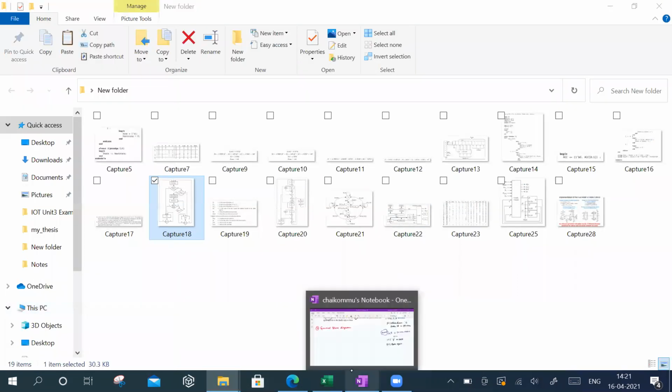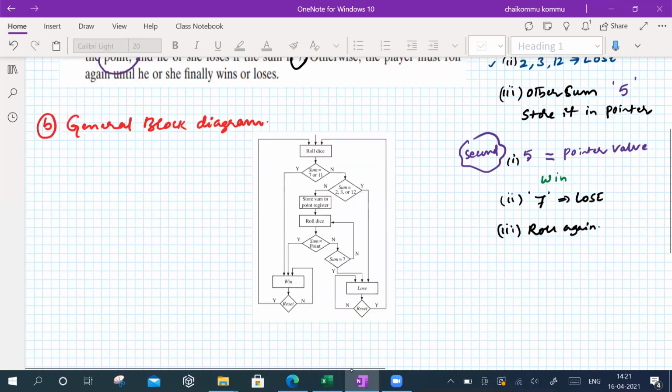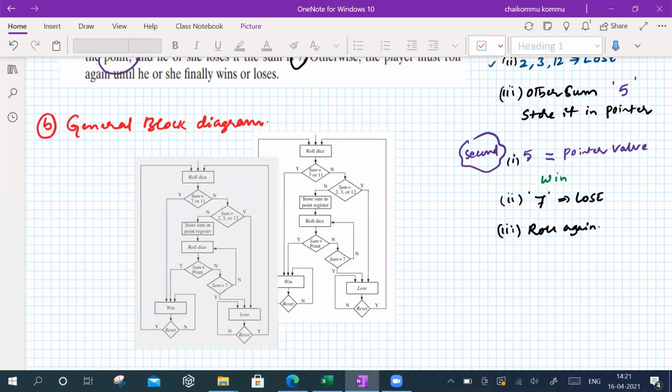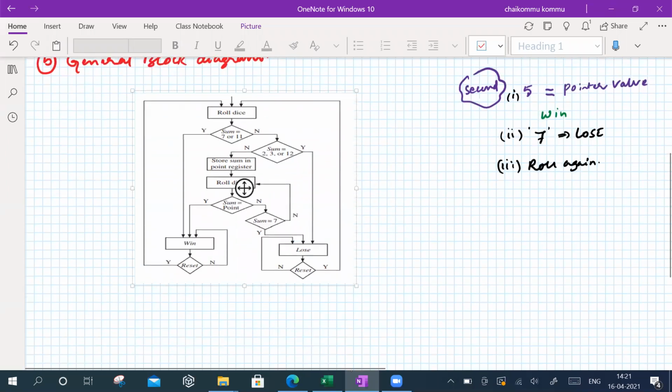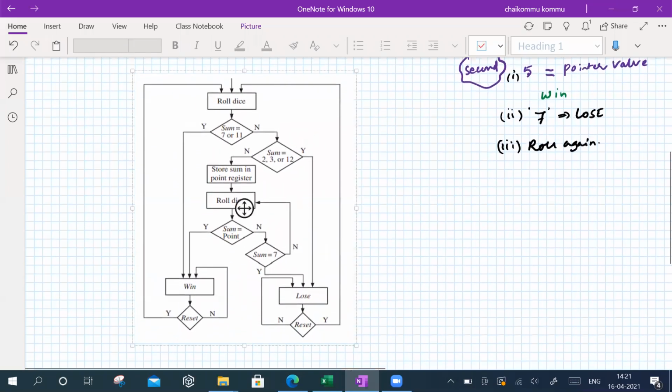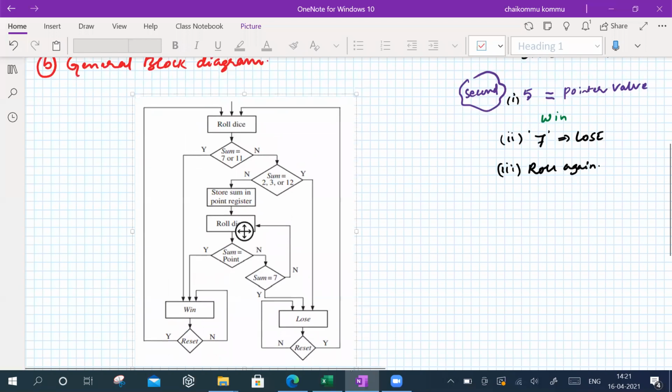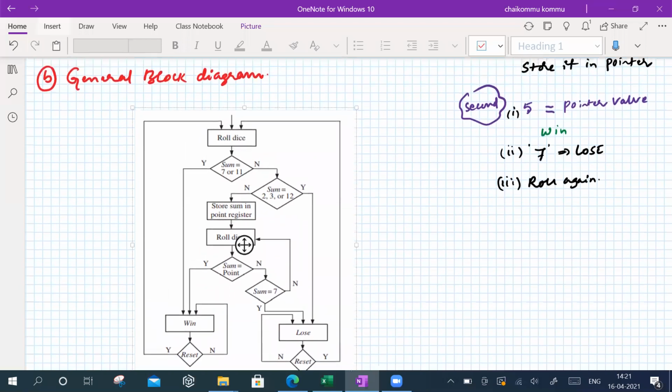Copy and then paste. It is easy to understand the flow chart, so that we cannot forget what this game is all about. Flow chart of this game.